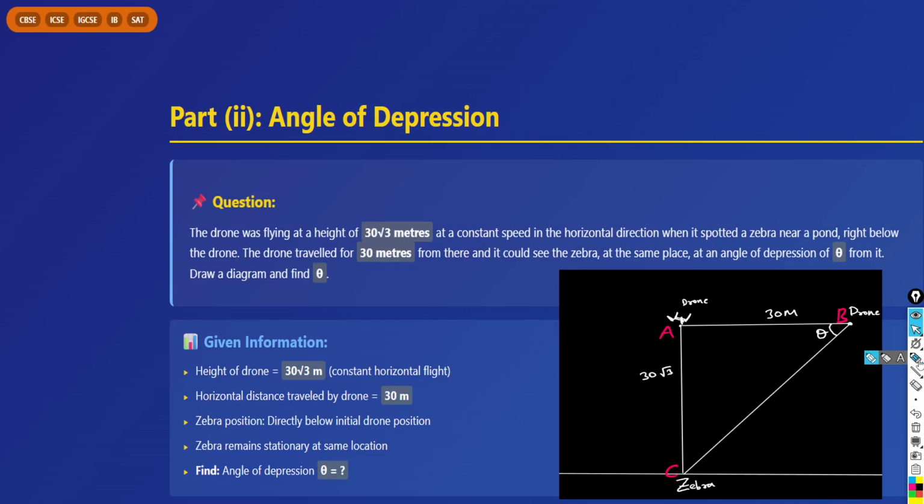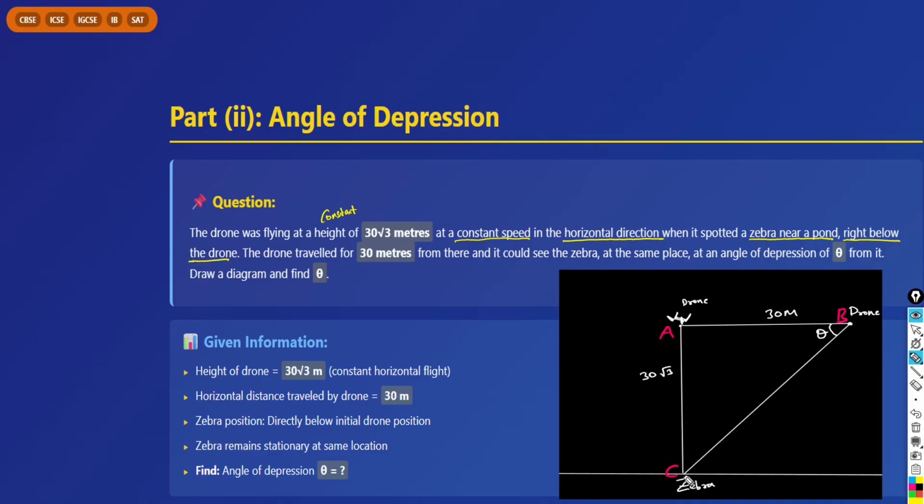The question 2 says that the drone was flying at a height of 30√3 meters. We can say that it's a constant height of 30√3 meters at a constant speed in the horizontal direction when it spotted a zebra near a pond right below the drone.